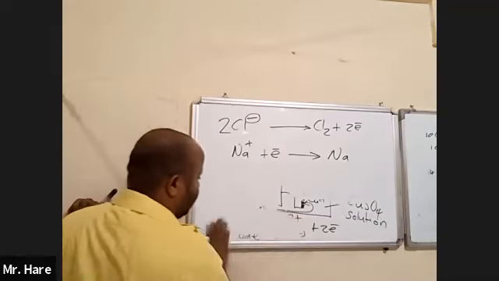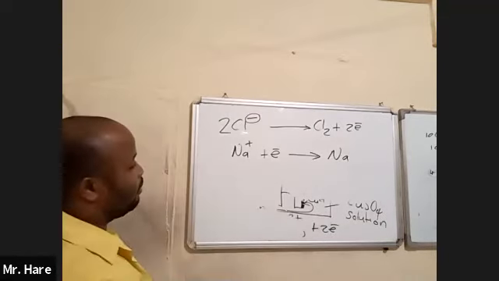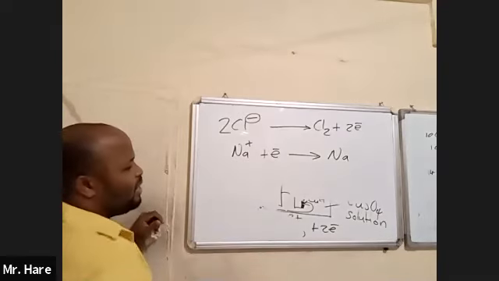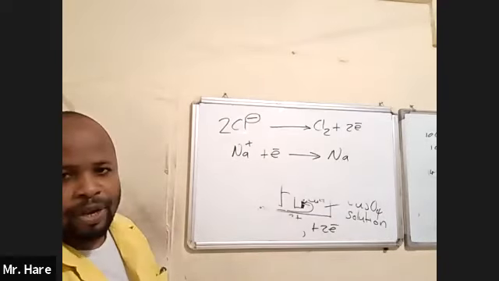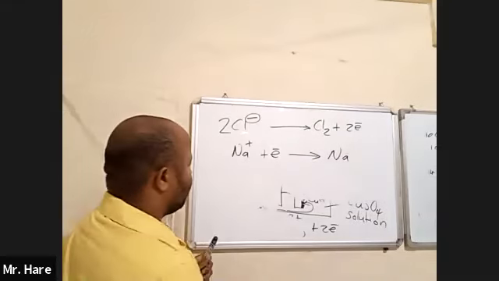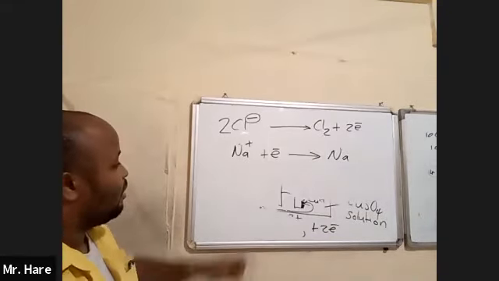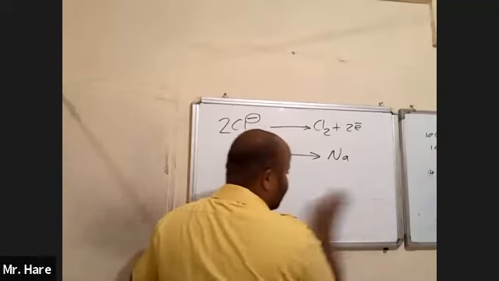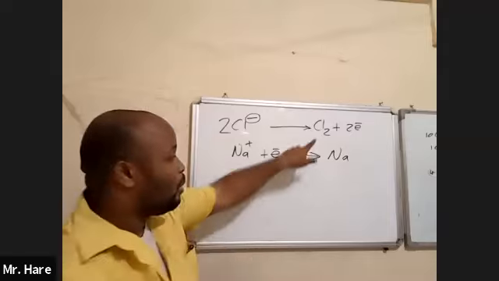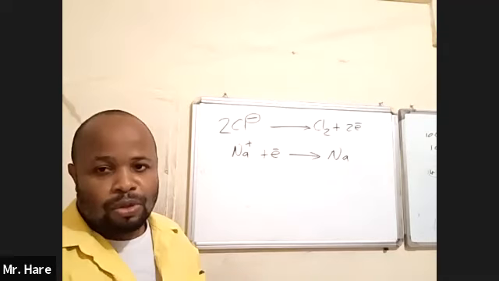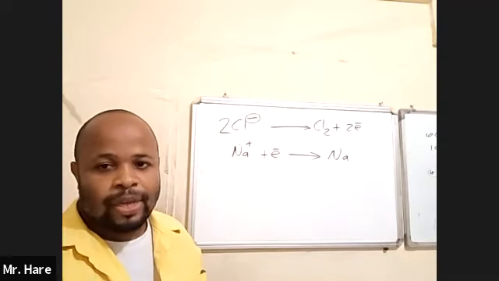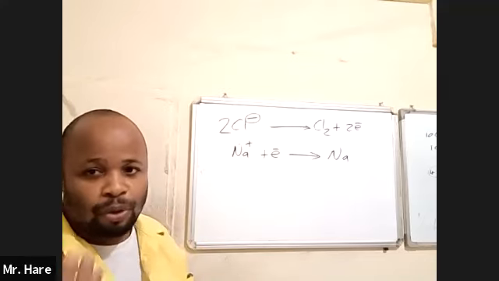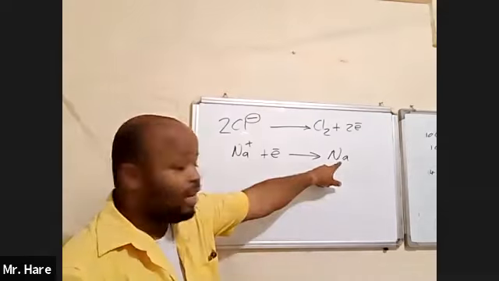Wouldn't it be 2Na? No, not 2Na. The reason why is that chlorine is a diatomic molecule. That is why we have Cl2. Sodium is a metal. It exists as a metal atom, not a molecule. That is why we have Na.